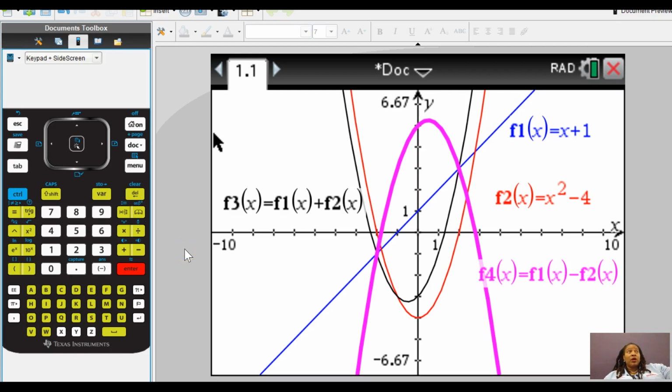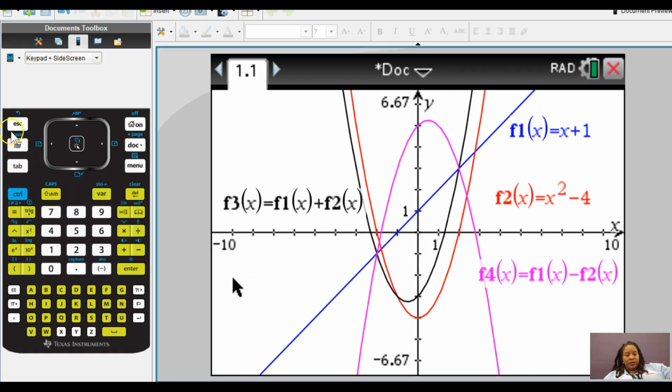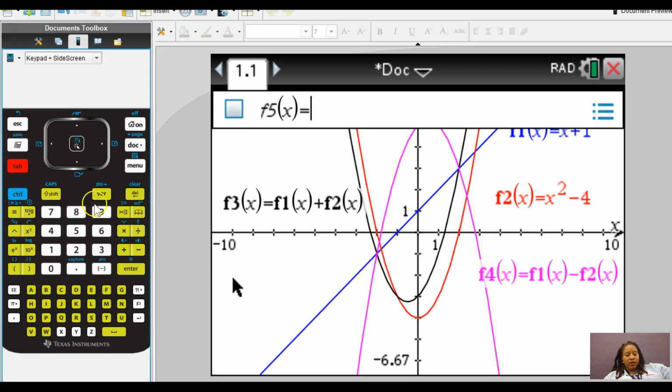Let's do one more. Let's do f of g of x, or f1 of f2 of x, and see how that works. So again, tab. Oh, let me get out of here. Let me press escape to let go of stuff. Tab, I got my thing back.